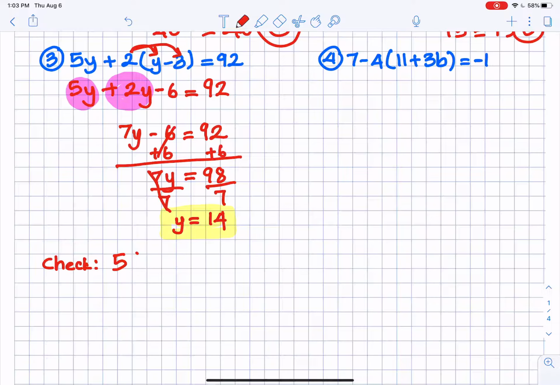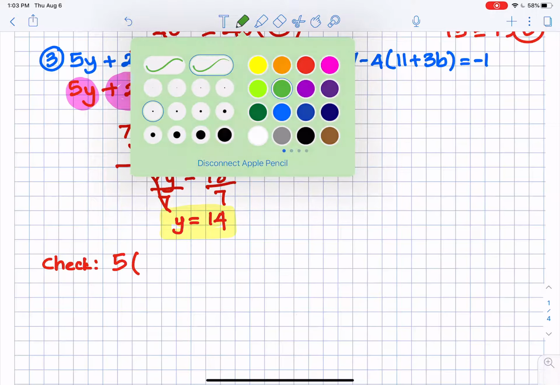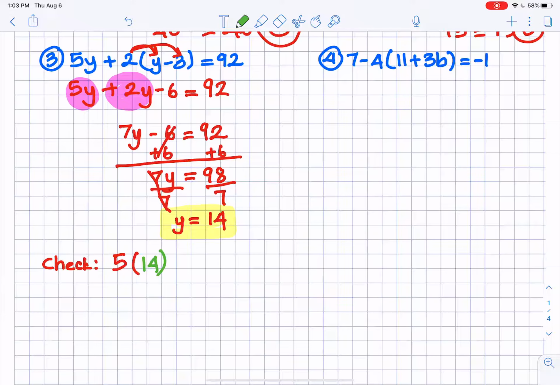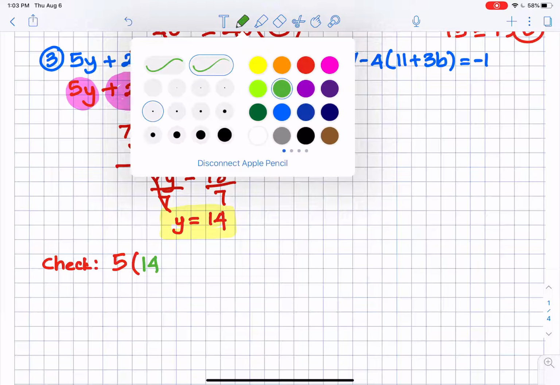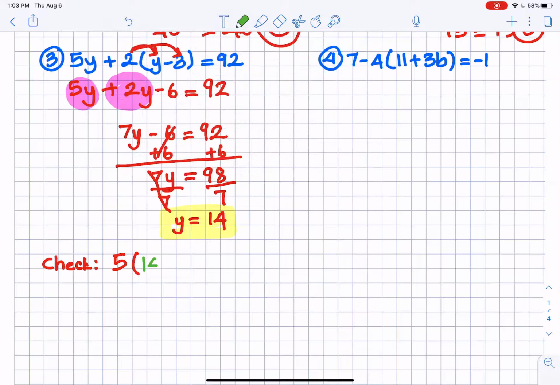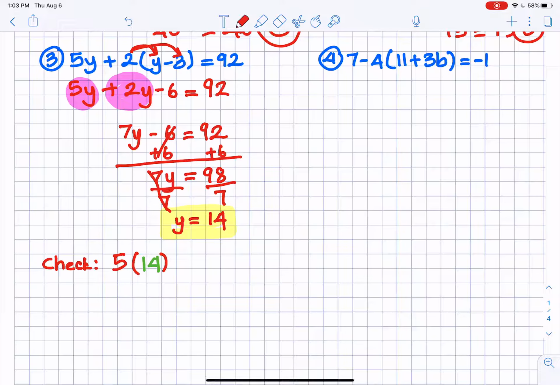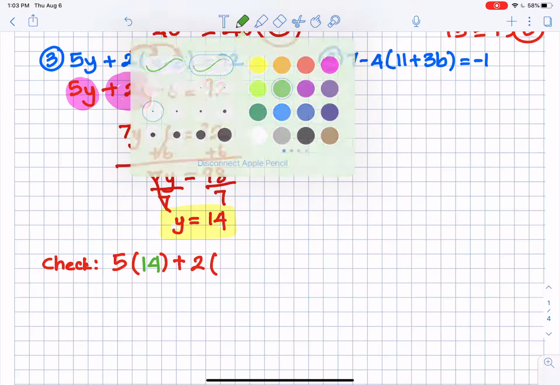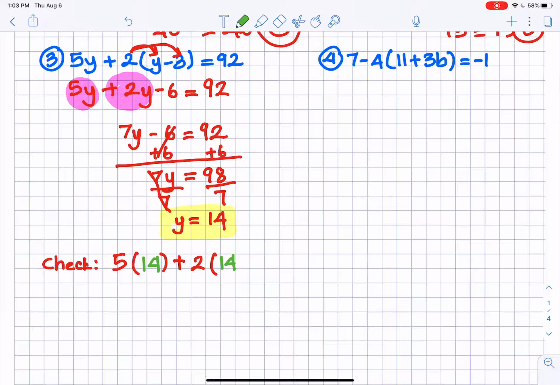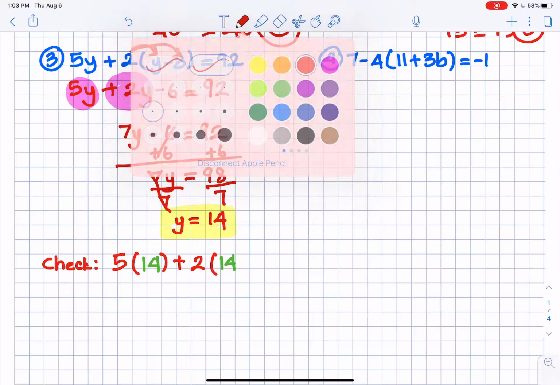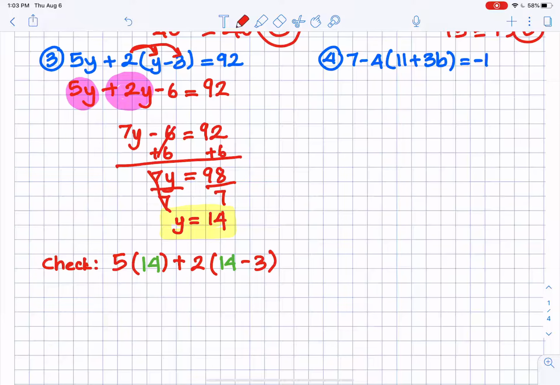So 5 times, I'm going to put 14 for y, and plus 2 times, I'm going to put 14 again. And we are checking if it is 92 or not.